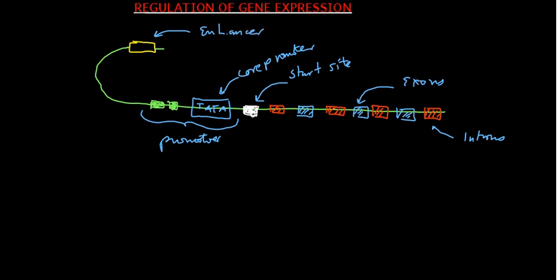During the process of transcription, one common way of regulating the expression of eukaryotic genes, if we want to control the way genes in a eukaryotic cell are expressed, is to alter the rate of transcription.